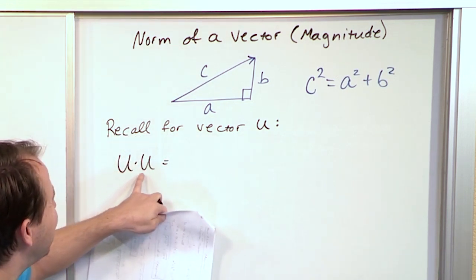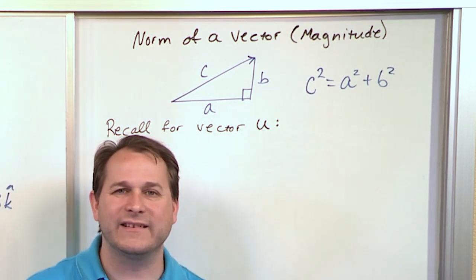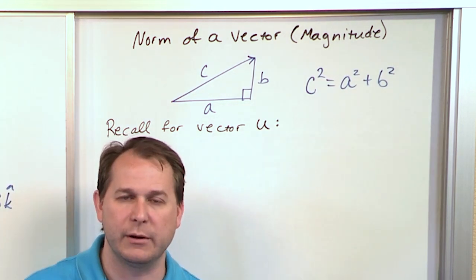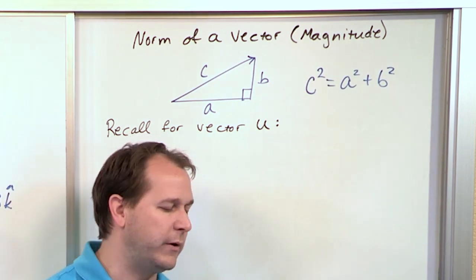But if you take a vector and dot it with itself, then what you're really doing is multiplying its x component times its x component. So you're squaring the x component, you're squaring the y component, you're squaring the z component.